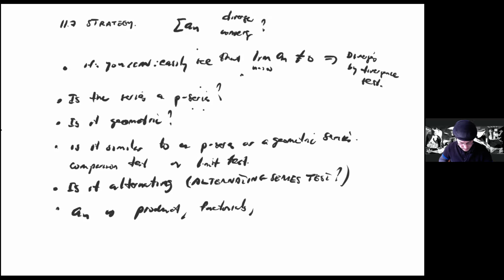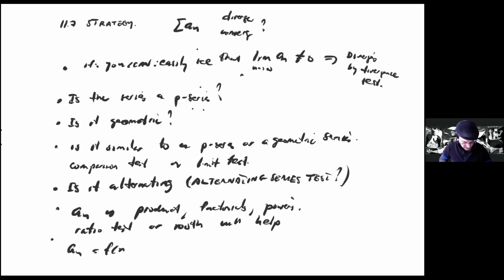Well, maybe the ratio test, or maybe the root test, depending upon the situation, will help. Okay, and lastly, if a sub n is the value of a function f of n, where the function is not negative and decreasing, then maybe the integral test might help.